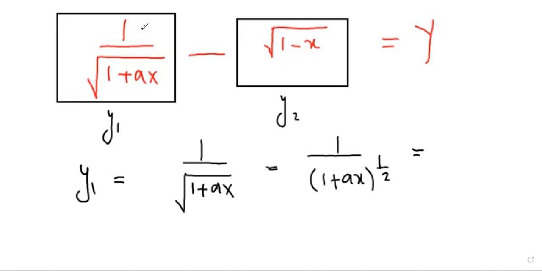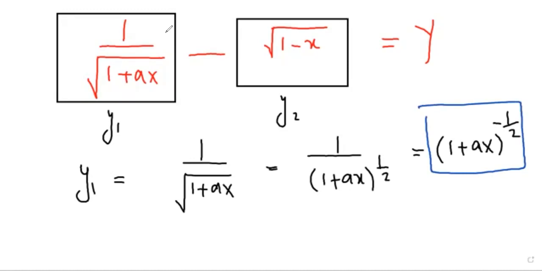If we move this denominator part into the numerator, its power would become minus. So now we can apply binomial expansion on this.